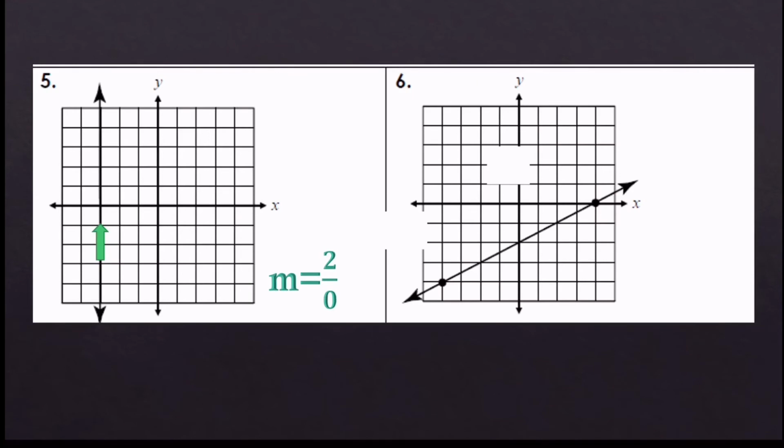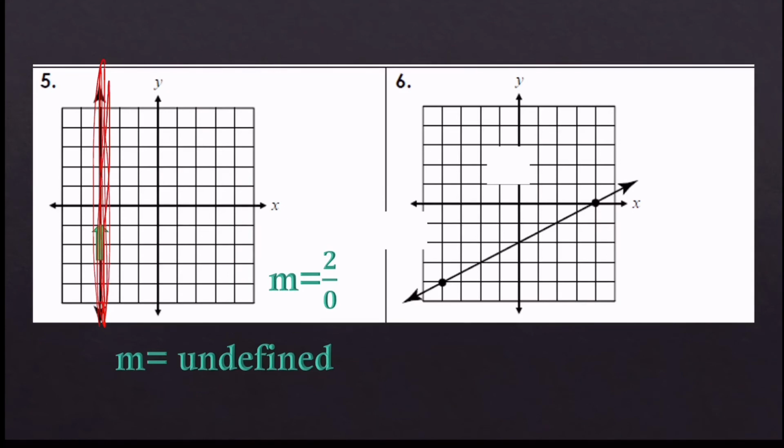So when there is no run, when 0 is on the bottom, or when you see a graph that is a vertical line, meaning it's just a straight line up and down, you see this line? That will always have a slope of undefined, or you could write no slope. It is honestly something you want to commit to your memory that a vertical line is undefined, okay?